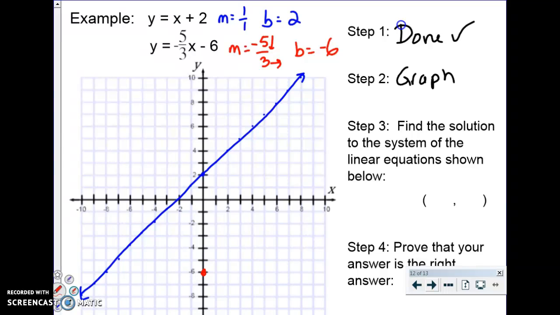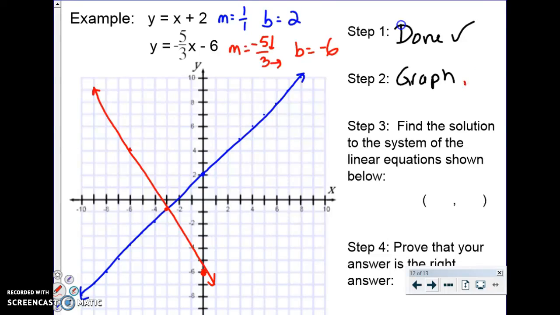And I'm supposed to go down 5 and over 3, which would kind of put me off of the graph a little bit. So I'm going to go backwards, which means I'm going to go up 5 and backwards 3. Oh, looks like I already got my answer. Great. So then I'm going to grab my ruler and draw a nice line.